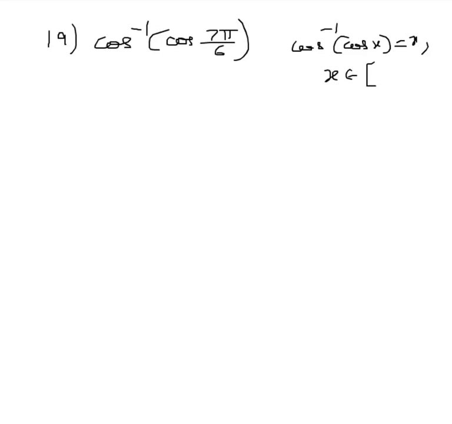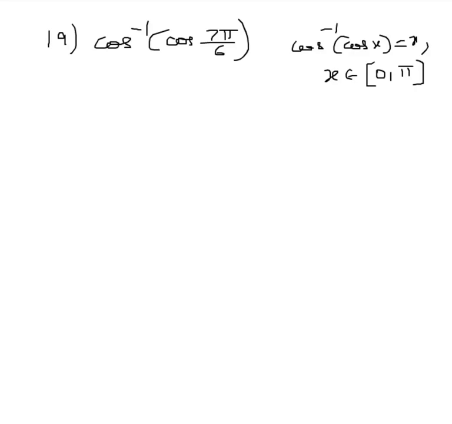Question 19. Cos inverse of cos 7 pi by 6. Cos inverse of cos x can be written as x only when x belongs to the principal value branch of cos inverse, which is the closed interval 0 to pi.